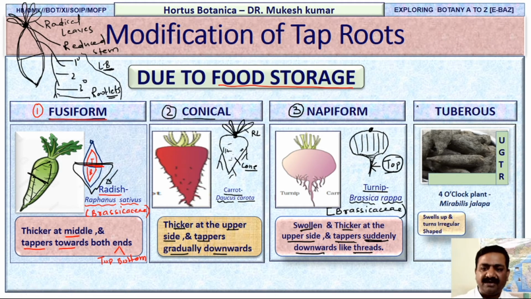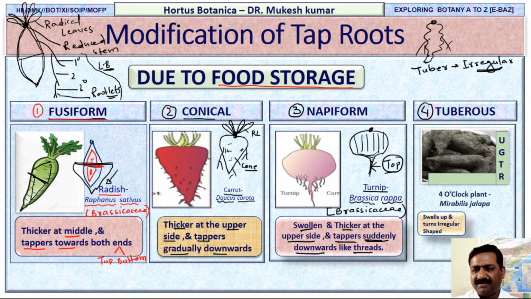Now come to the fourth one, and this is tuberous. By name it is very much clear. Whenever you use the term tuber, tuber stands for an irregular structure, having no definite shape. Again it originates from the root and becomes a very irregular structure having no particular shape or size.